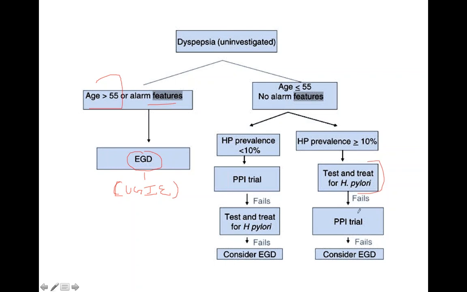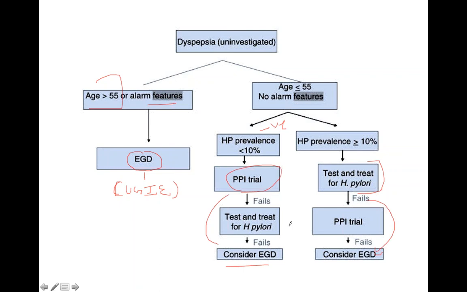If it fails, then straight away we go for endoscopy. And if H. pylori testing is negative, suppose, we give the patient a PPI trial. If it fails, esophagogastroduodenoscopy. Okay, clear?